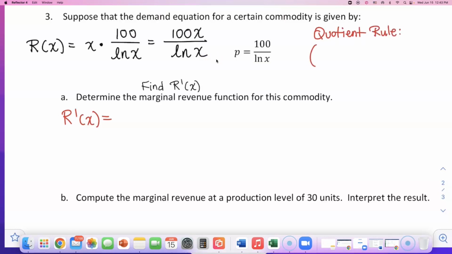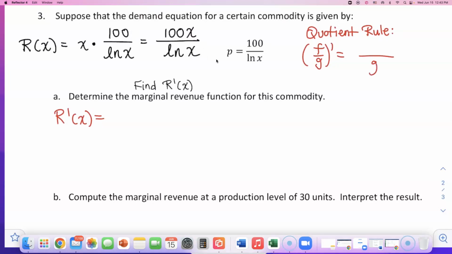The quotient rule says, if you are taking the derivative of f over g, then the denominator is g squared, and the numerator is g f prime minus f g prime. Some of you have different ways to memorize it, but you know the quotient rule from the first unit.